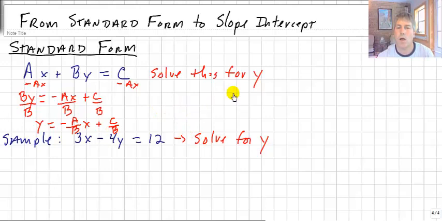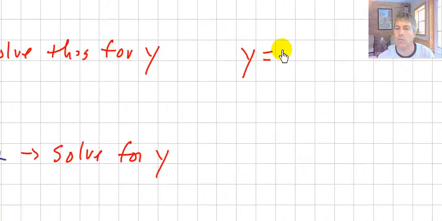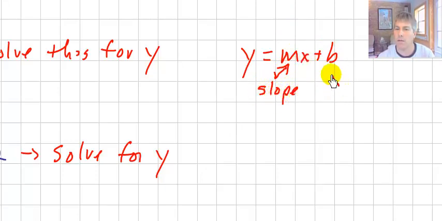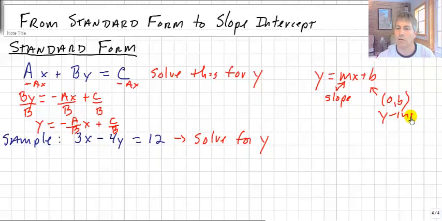Well, we haven't talked about slope-intercept form, but I know you guys have seen slope-intercept form in the past. And slope-intercept form is y equals mx plus b, where m, the coefficient on x, is the slope, and b, the constant, is our y-intercept.